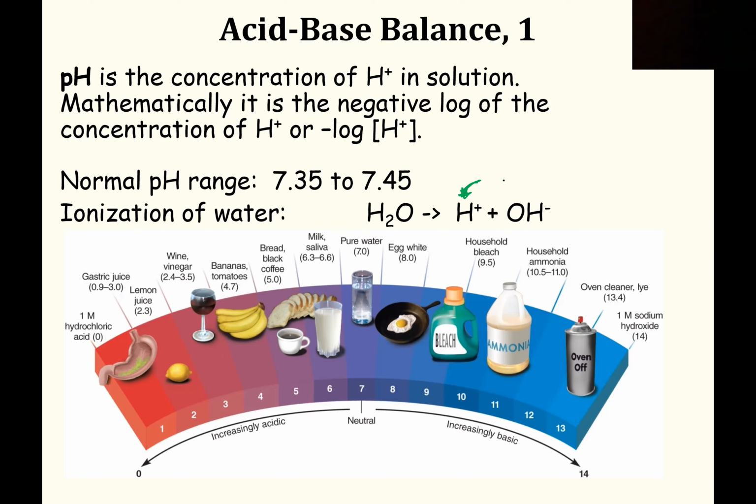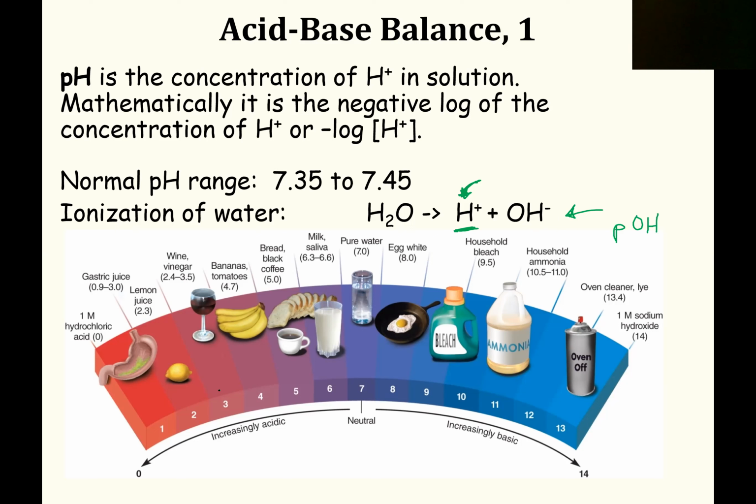Again, lowercase p, uppercase H. There's also a pOH scale, but we don't get into that. If you take a full chemistry class, they will get into that. So with pH, we're focusing on hydrogen ion concentration. It's a mathematically altered scale.